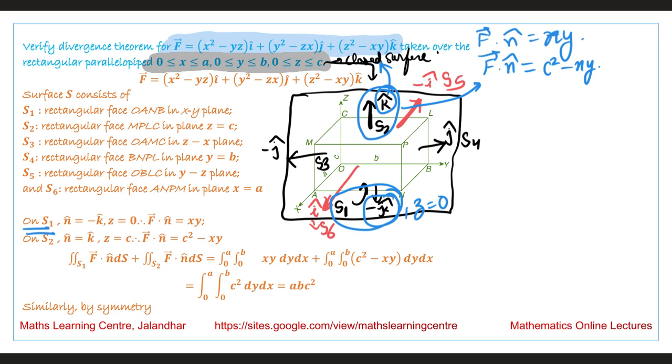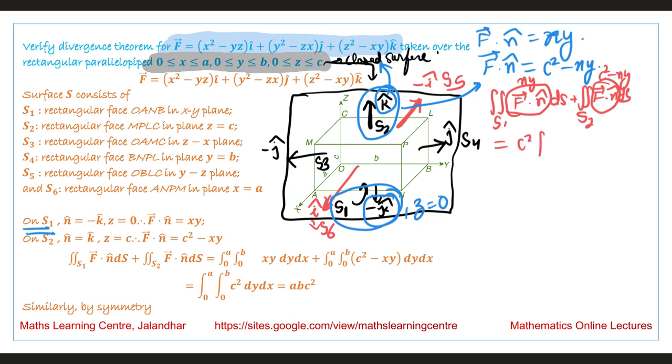Now if we evaluate the integral, we are talking about the double integral over S1 of f vector dot n cap into ds plus the double integral over S2 of f vector dot n cap into ds. The value we obtain by adding both these, in place of this value we write xy, in place of this value we have c square minus xy.